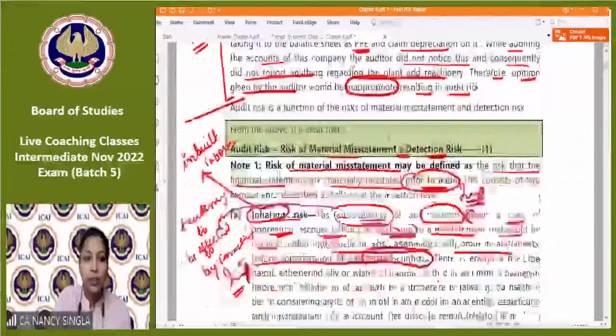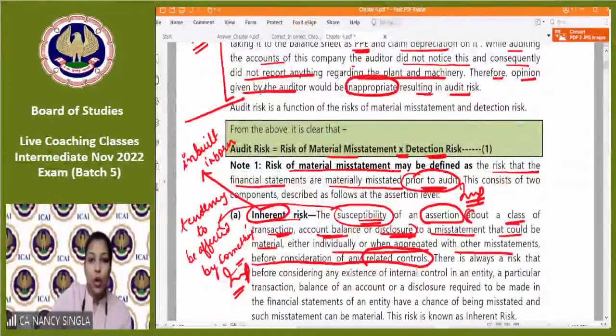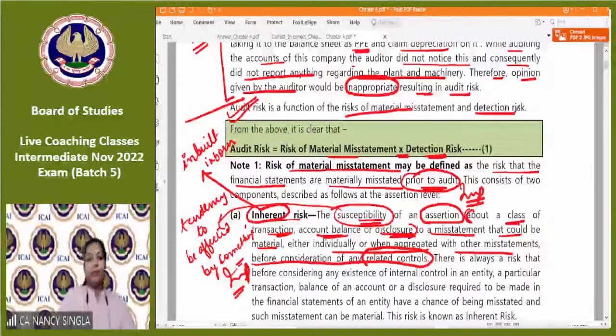So, see, it is mentioned here: audit risk is a function of risk of material misstatement and detection risk. Okay? Is it clear?